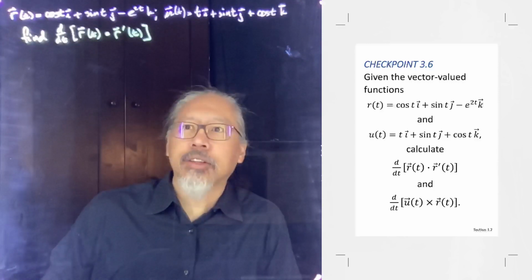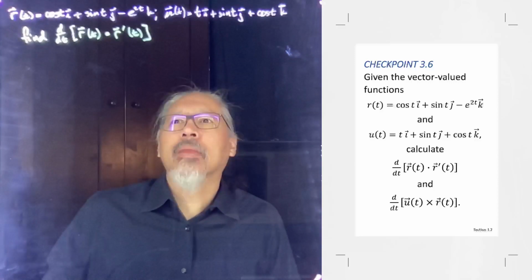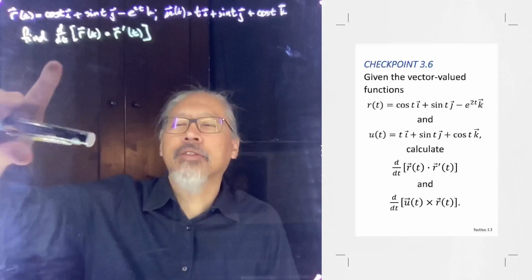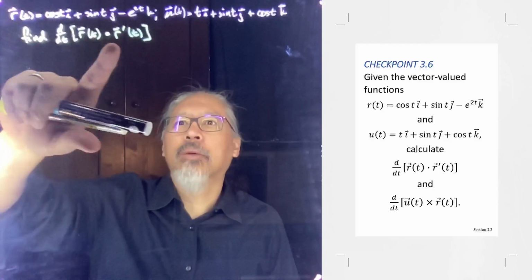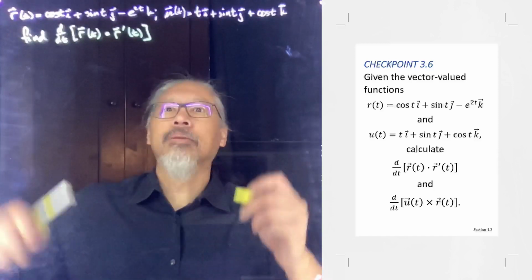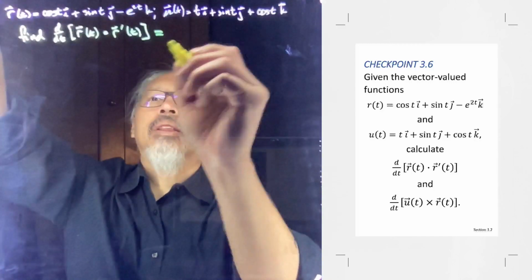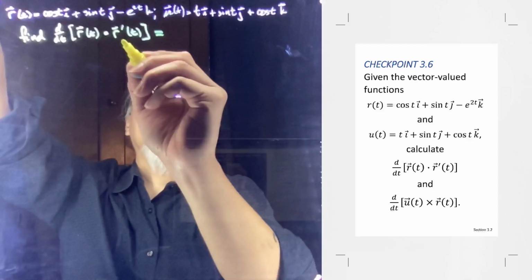And so this is essentially going to be using product rules. Okay, so let's focus for this video. We're going to look at the derivative of r of t dotted with r prime of t. All right, now the product rule tells us that this is actually equal to the derivative of the first dotted with second.